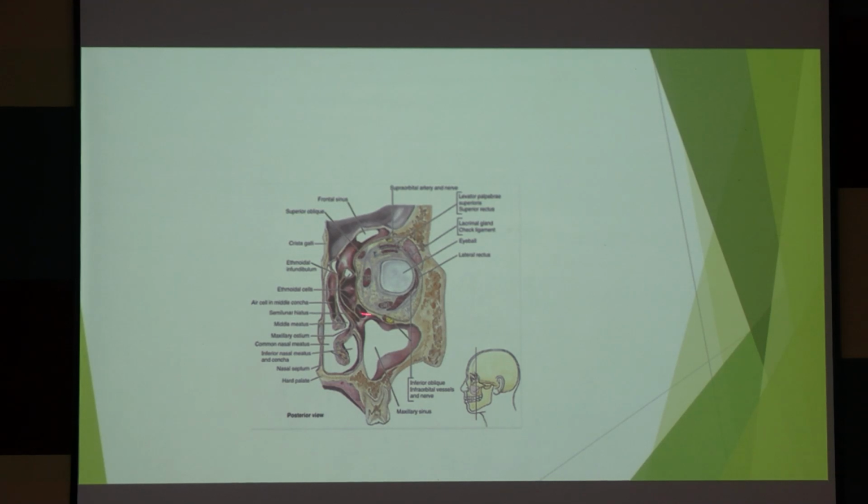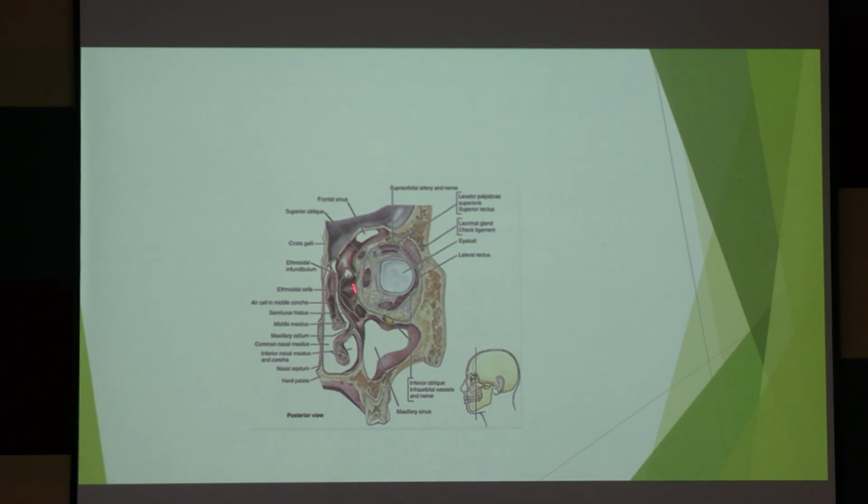Again, this is your maxillary sinus. All sinuses are lined by mucosa, right? This is your inferior turbinate, this is your middle turbinate, this is the lateral wall, okay? This is the ethmoid group of cells. What is this structure? Orbit, your eye. This is the medial rectus muscle, okay?